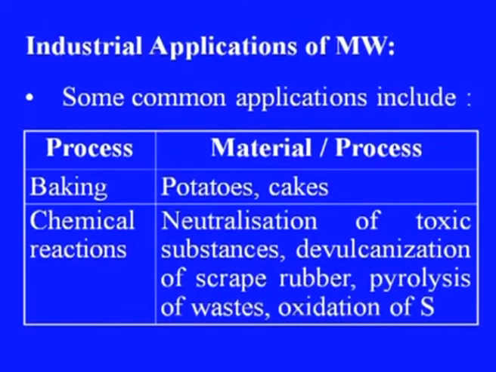Then for chemical reactions to initiate or to complete, microwave exposure is being used. Say for example, neutralization of toxic substances, devulcanization of scrap rubber, pyrolysis of wastes, oxidation of sulfur and so on.